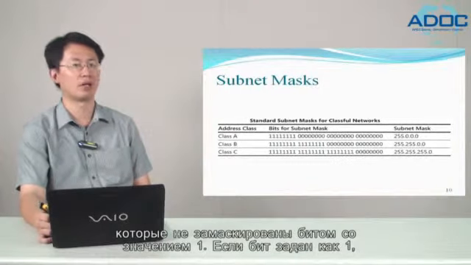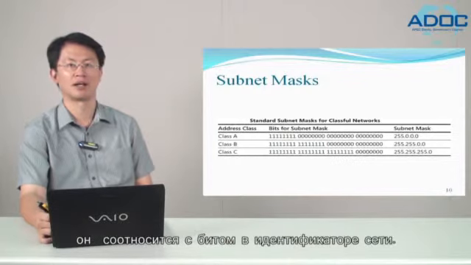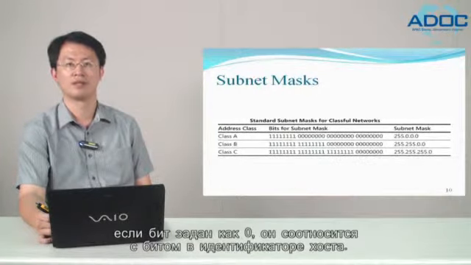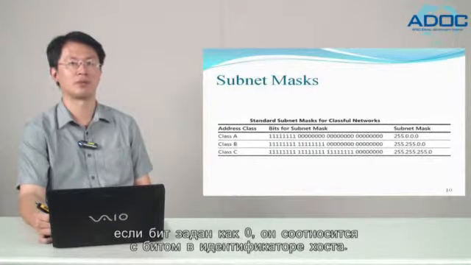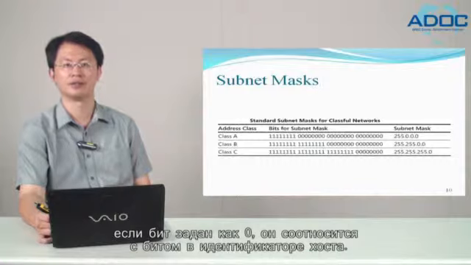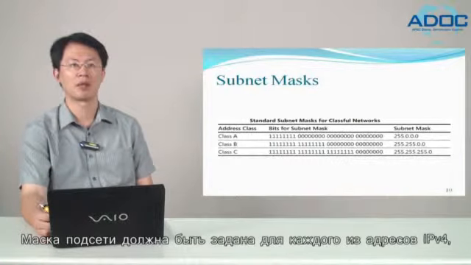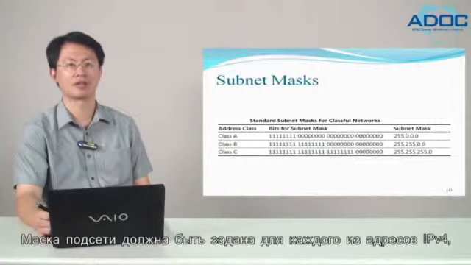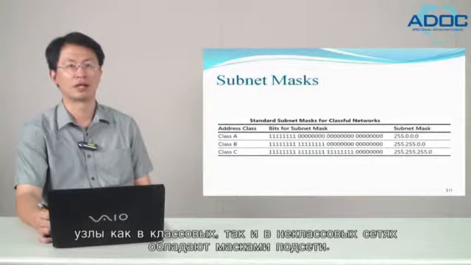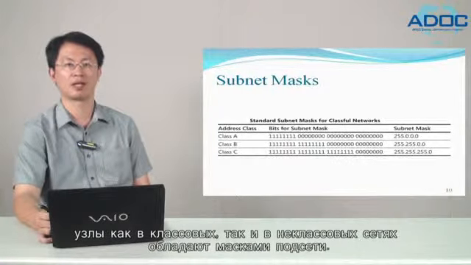If a bit is set to 1, it corresponds to a bit in the network ID. If a bit is set to 0, it corresponds to a bit in the host ID. A subnet mask must be configured for each IPv4 address. Nodes on both classifiable and non-classifiable networks have subnet masks.